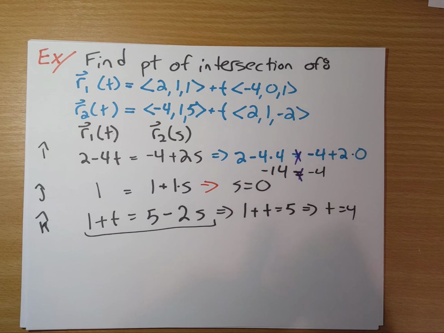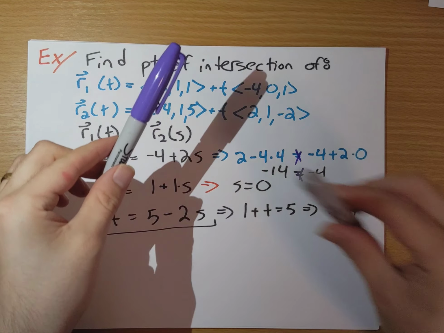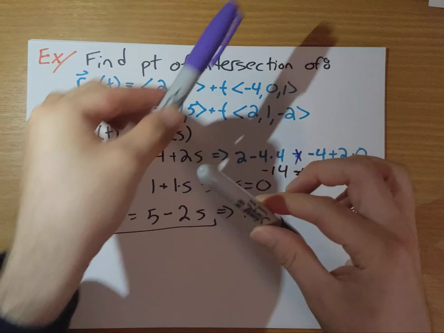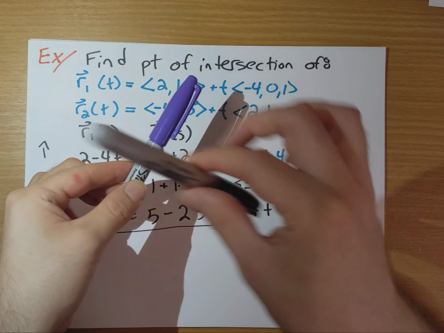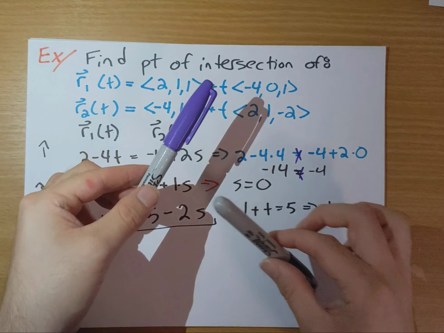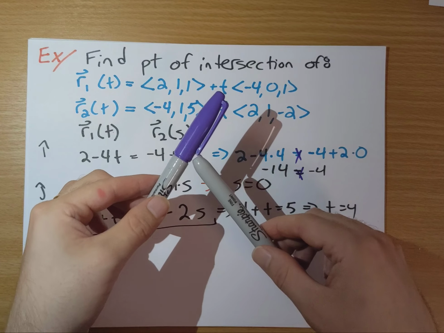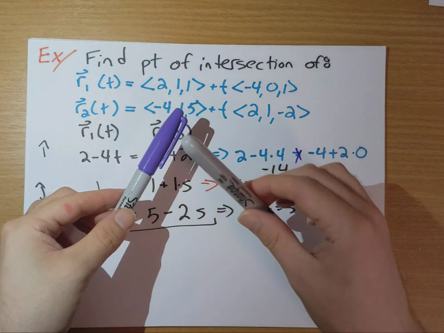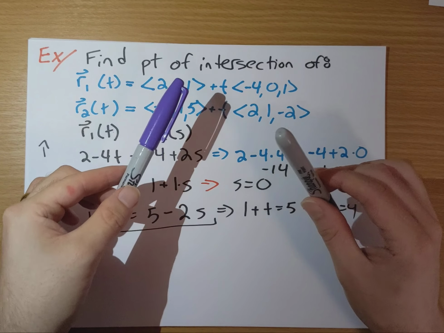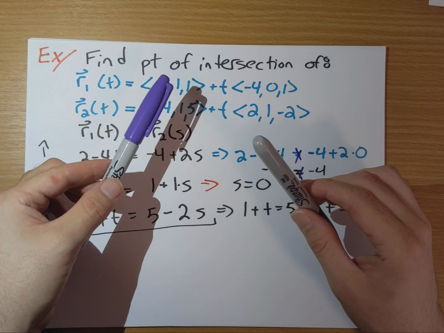This is because these two lines actually don't intersect. If I have this purple marker as one line and this black marker as a second line here, these lines just don't intersect. It's kind of special for two lines to intersect. In general, we should not expect two lines in three-dimensional space to necessarily intersect.